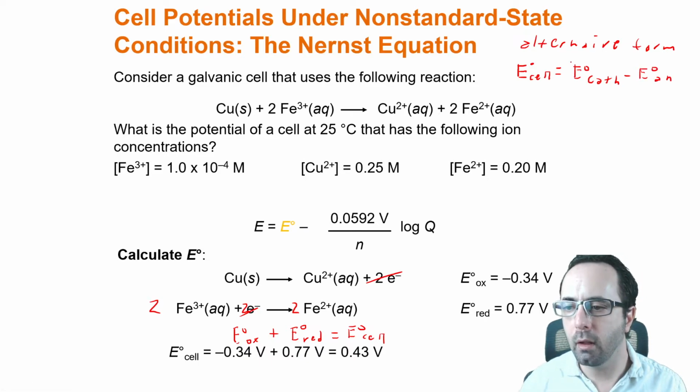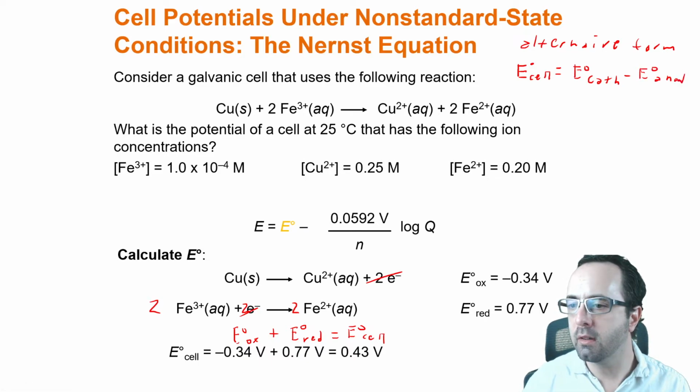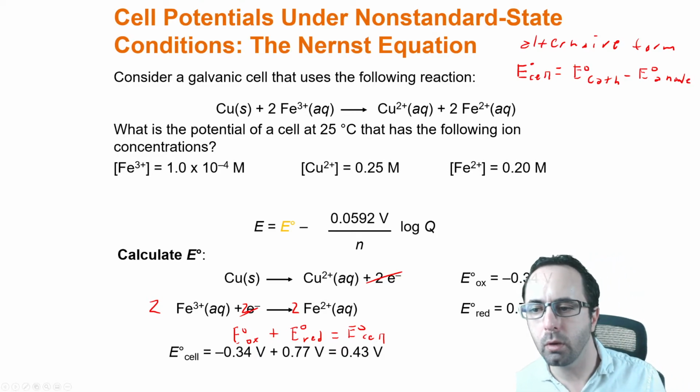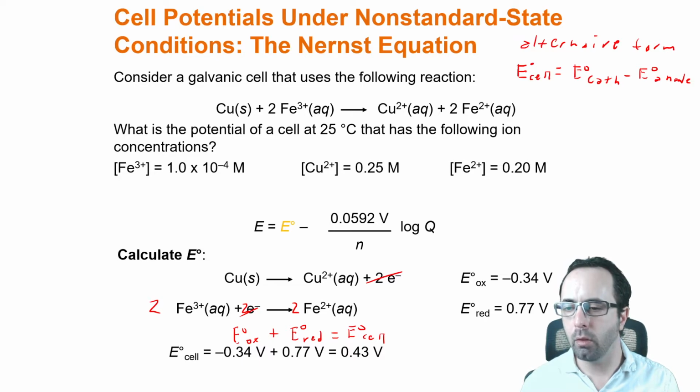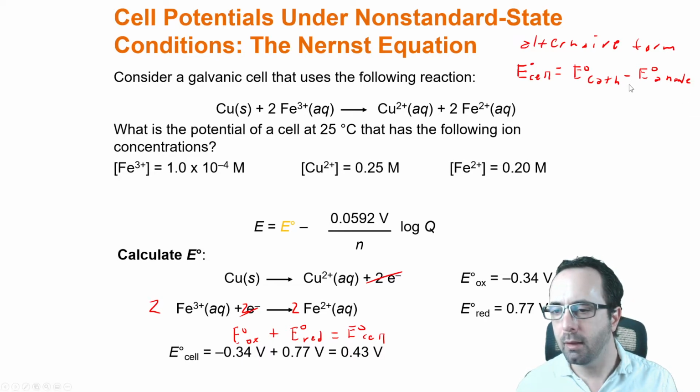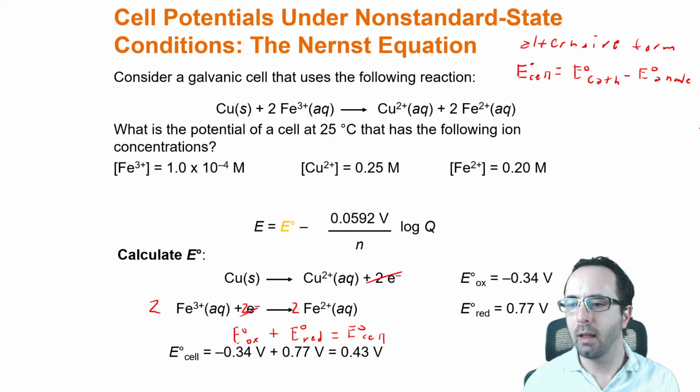A lot of books and YouTube videos will give you this equation, and the reason why it's like this is because what they're referring to in E standard anode is the reduction potential for the anode.